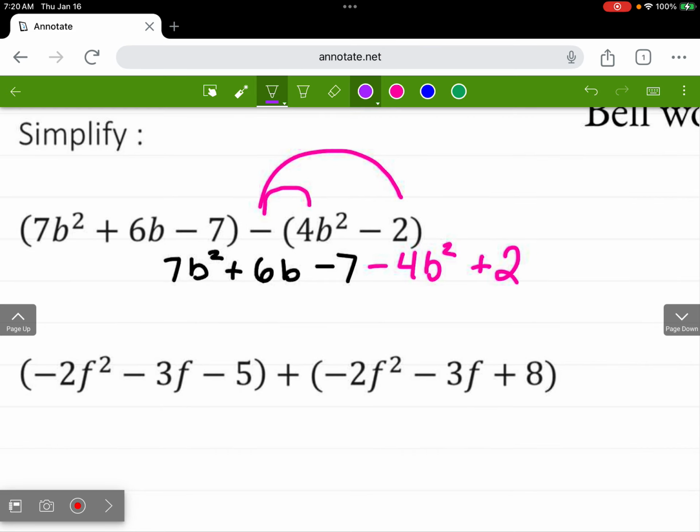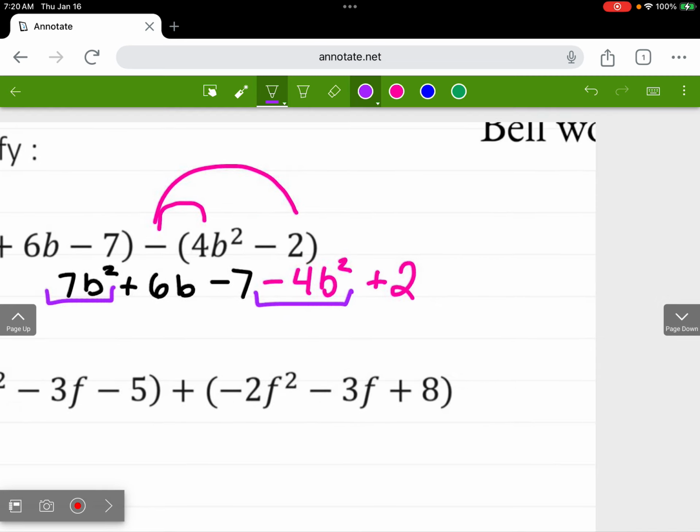Then what do we do? What can I do to simplify this? We're combining like terms. We're combining our 7b squared minus 4b squared, combining the 7 and the minus 4.